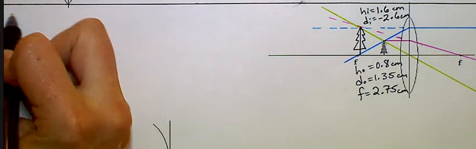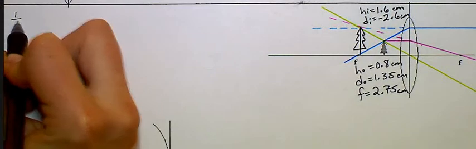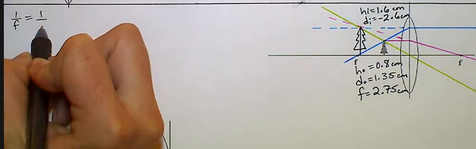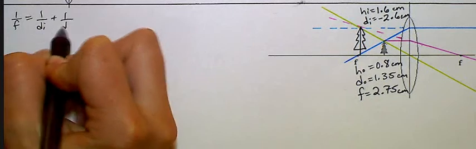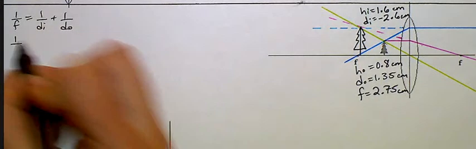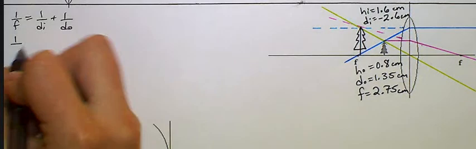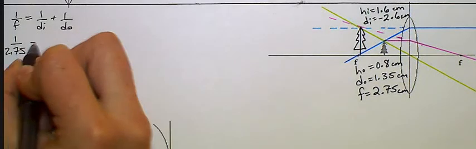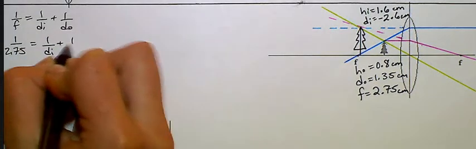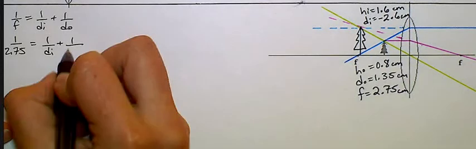My equation, 1 over f is 1 over di plus 1 over do. So 1 over 2.75 equals 1 over di plus 1 over do, which is 1.35.